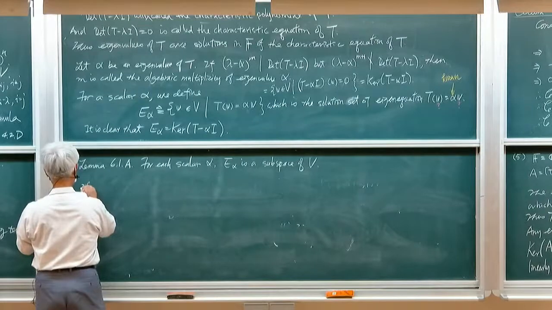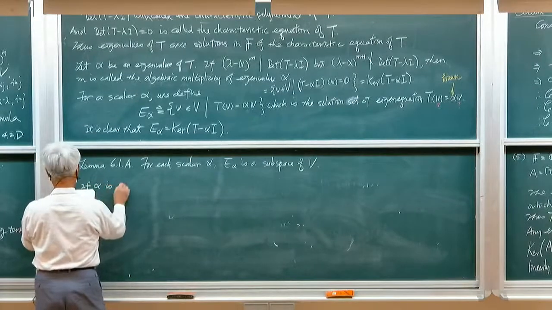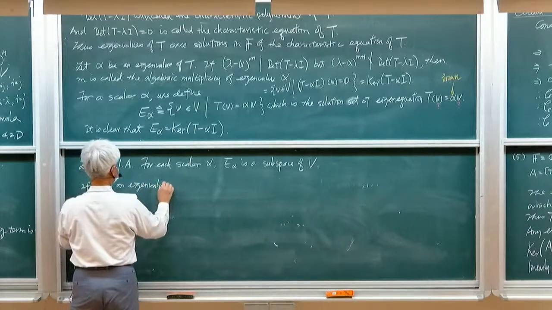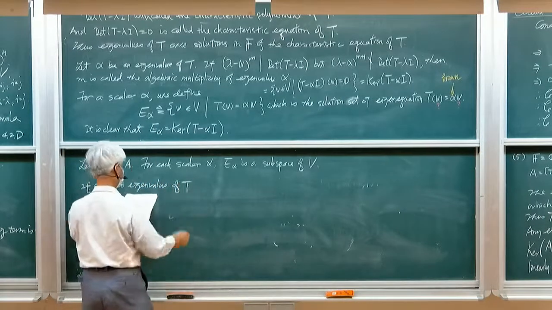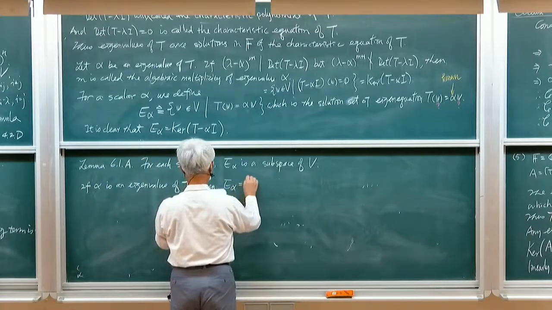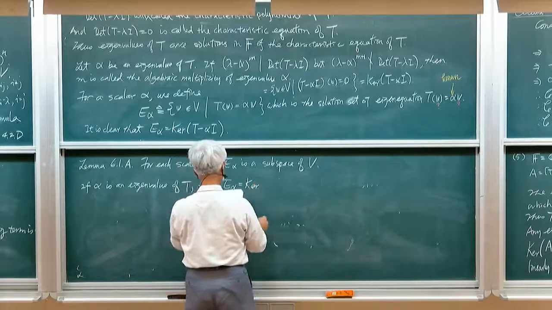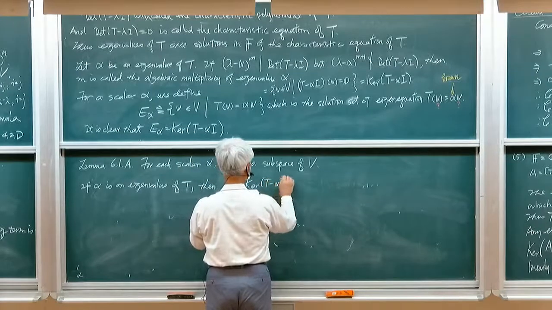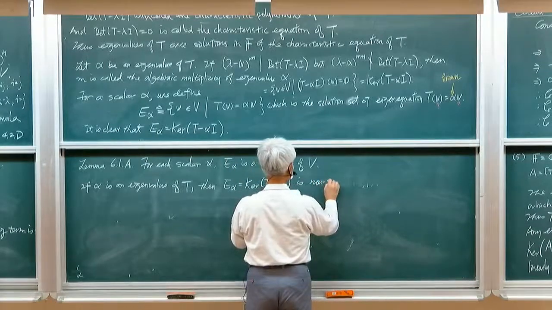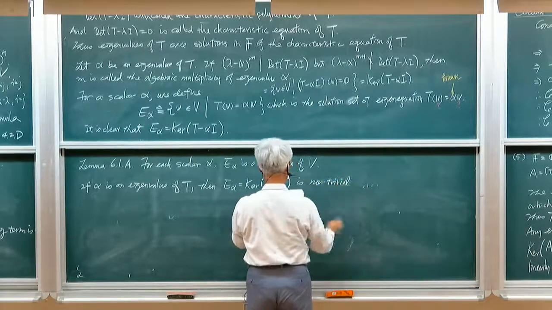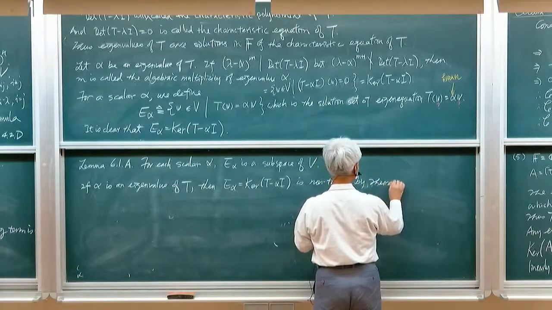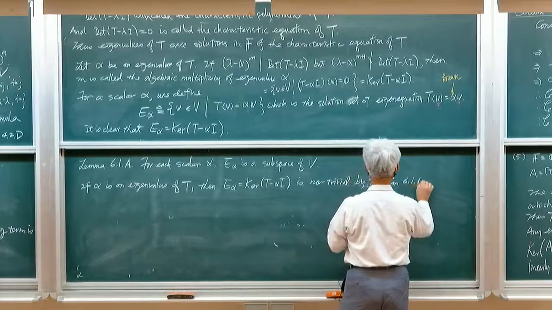Now, if alpha is an eigenvalue of T, then E alpha is non-trivial, by theorem 6.1.1.